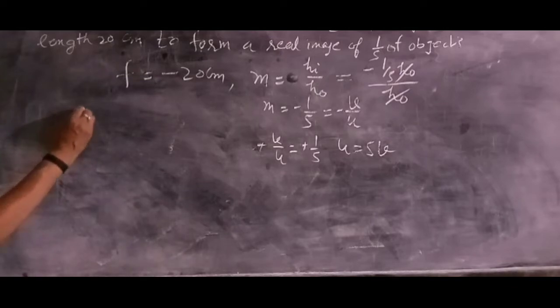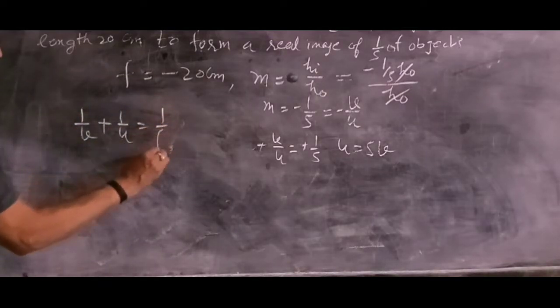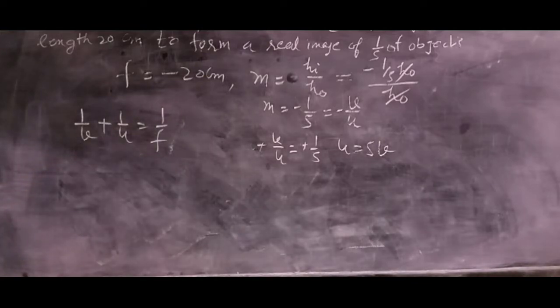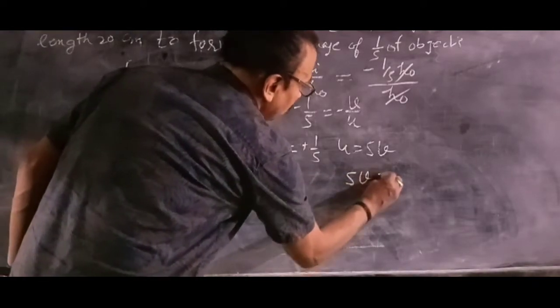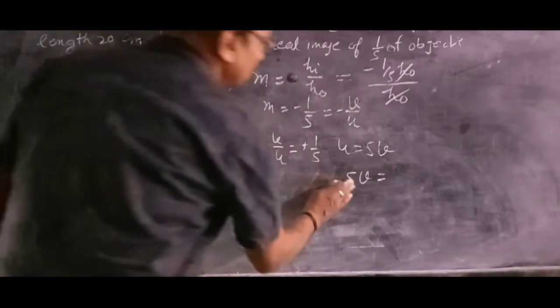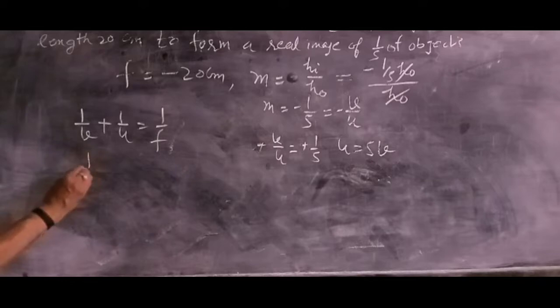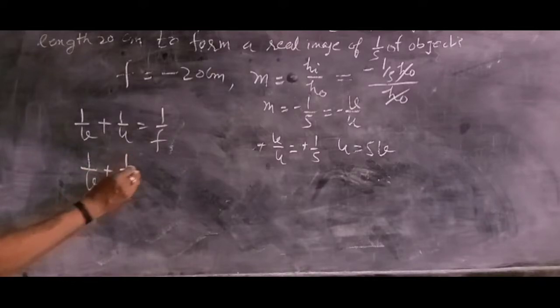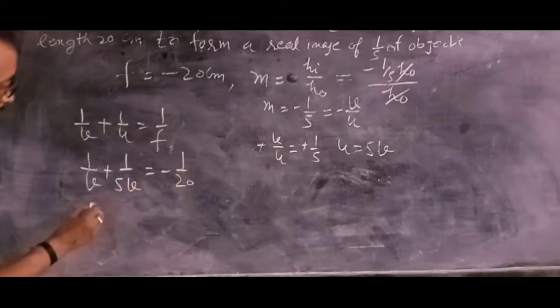Now using mirror formula, 1 by v plus 1 by u equal to 1 by f, that is u equal to 5v, means 1 by v plus 1 by 5v equal to minus 1 by 20.